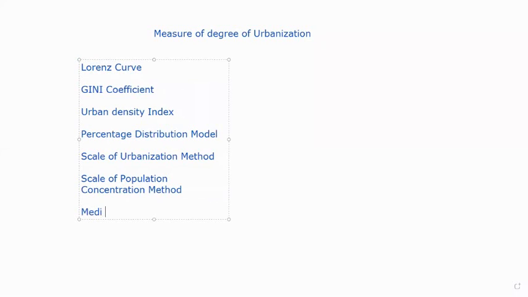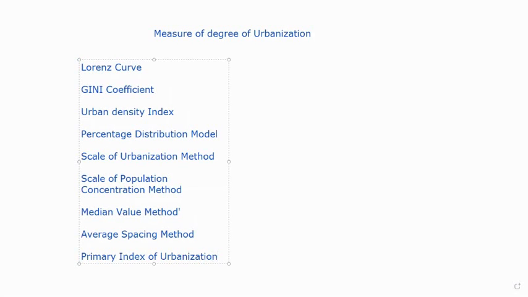median value method, and average spacing method, primary index of urbanization, then rank size rule or the rank size method.